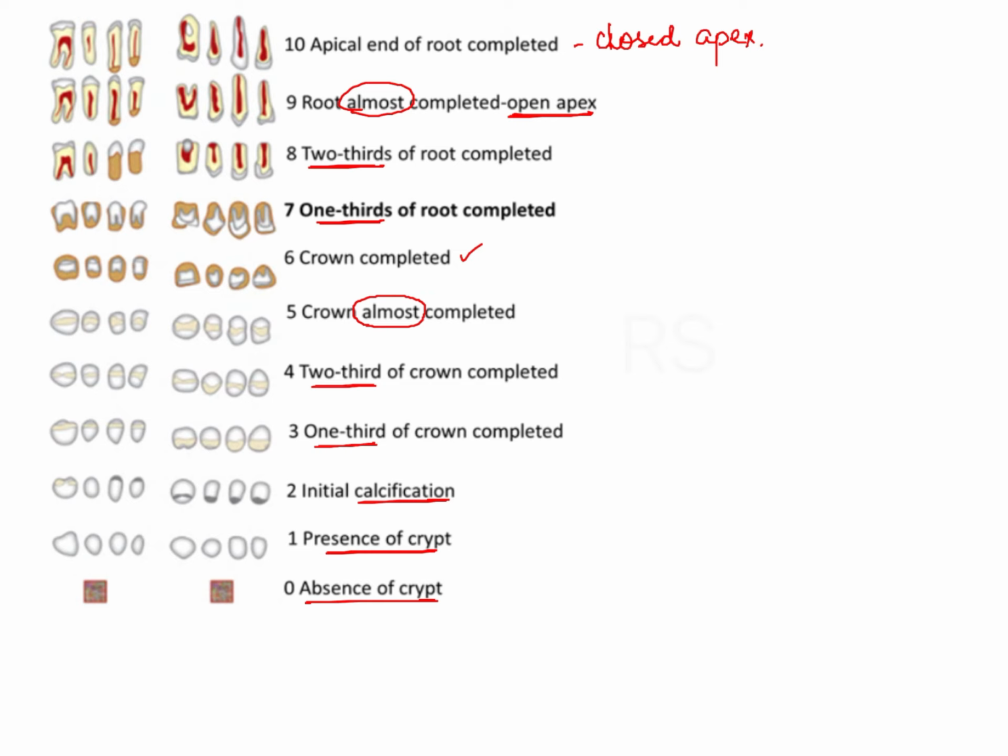These are the different stages proposed by Nolla, and it is very important to remember these stages in the same order as given here. The better way to remember is there is presence of tooth crypt which undergoes calcification. Calcification begins, which results in crown formation and crown completion, followed by the different stages of root completion.